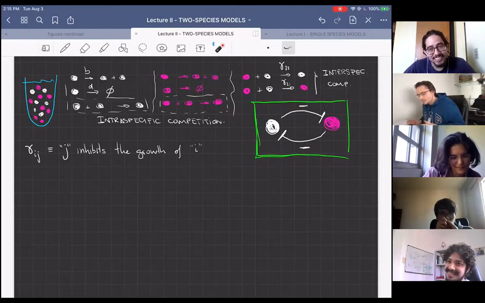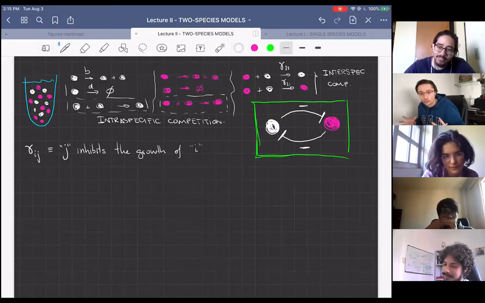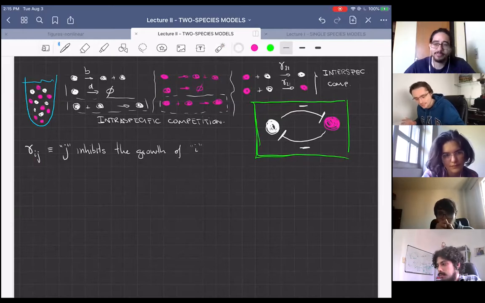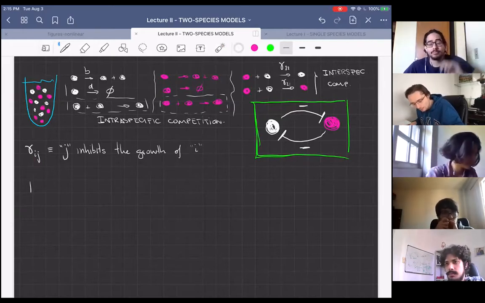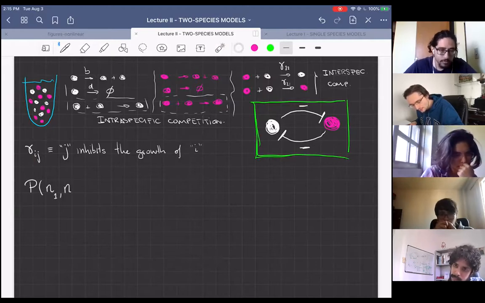So with this, now what we can do is nothing else than what we did yesterday. We can write a master equation for our probability. Of course, now the probability is not as easy as yesterday because now I have the probability of having n1 cells from species 1 and n2 cells from species 2 at time t.